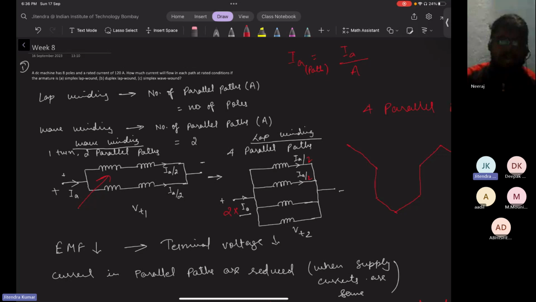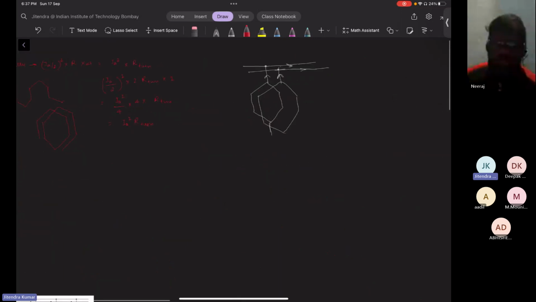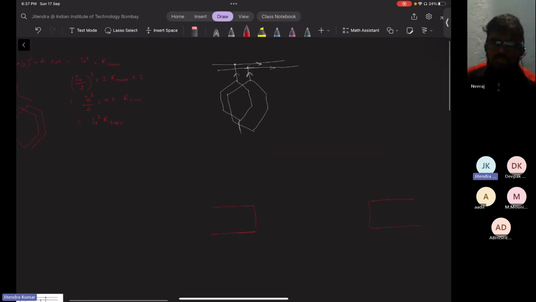Okay, okay. So let me show you that you have a slot, right? And it is up to you. You can connect one coil with dot and cross, right?